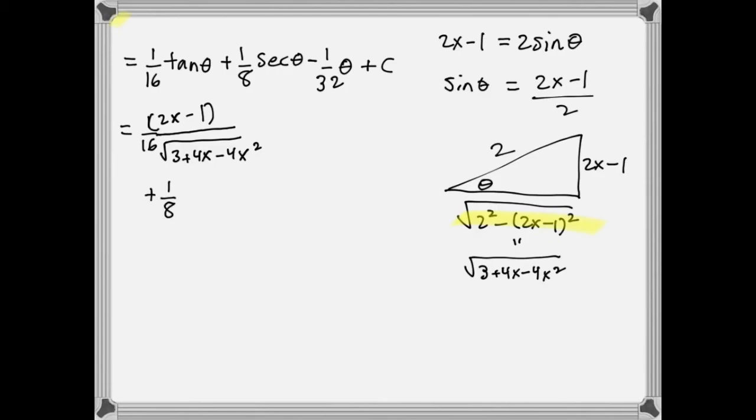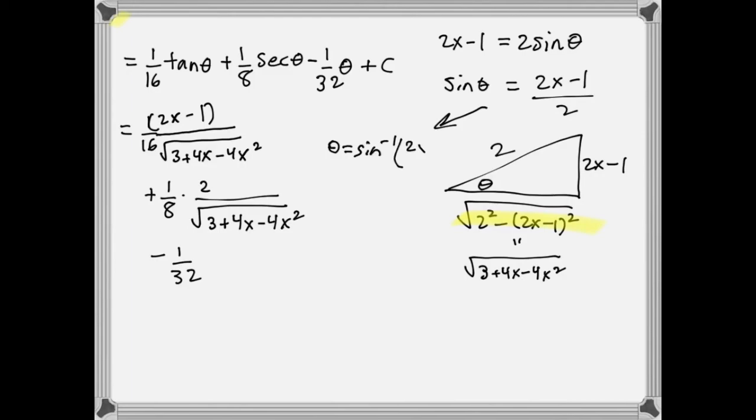Remember, secant is going to be hypotenuse over adjacent. So that's times 2 over that radical. And then I have minus 1 over 32 times theta. So what's theta going to be? Theta is equal to the arc sine of 2x minus 1 over 2.